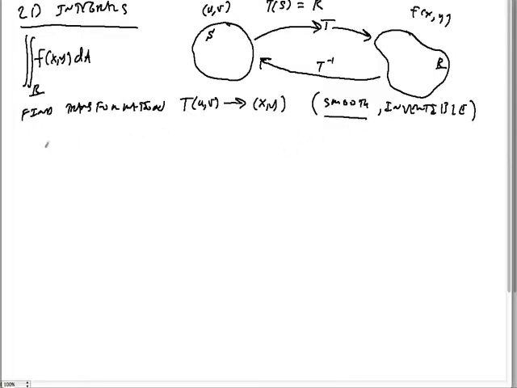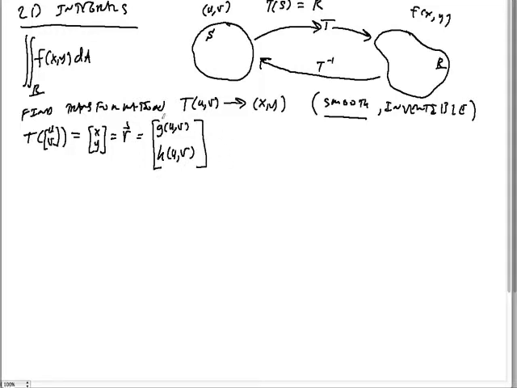So one way to write T is in terms of vectors: uv maps to x, y, which I can also call the vector r. I'll put it in vector form: g of uv and h of uv, two other functions, g and h.